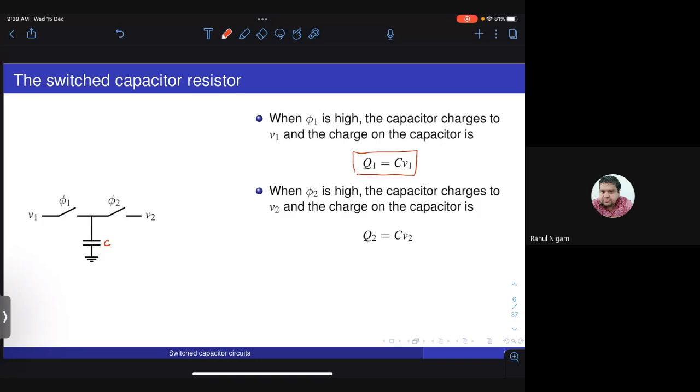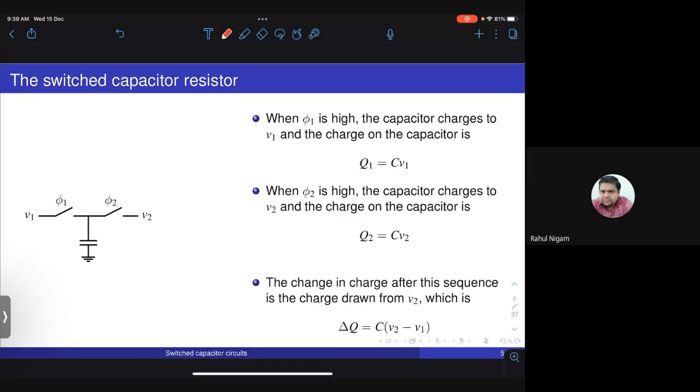So the total charge becomes Q2 = C × V2. In the first phase the charge was C × V1; in the second phase it becomes C × V2. So effectively there is a charge transfer of (Q1 − Q2), and this change in charge is the charge that is drawn from V2.